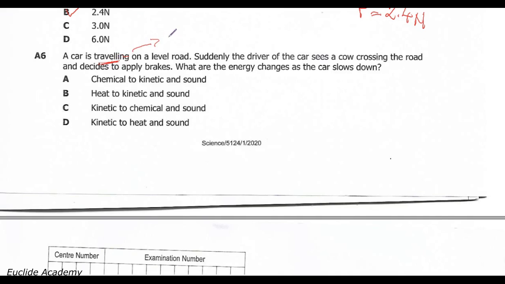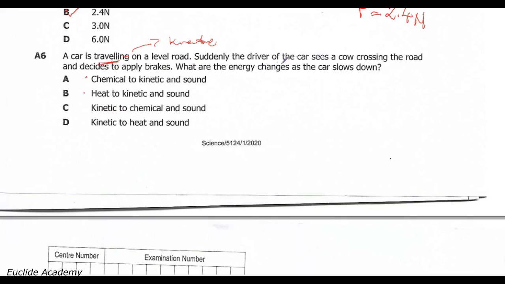What is moving energy? It is kinetic energy, right? So we have to start with kinetic energy as the car is moving on a level road and decides to apply the brakes. So from this perspective of the car, A and B, we can do away with that.